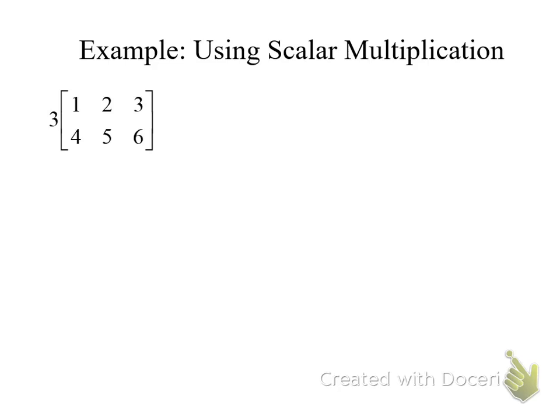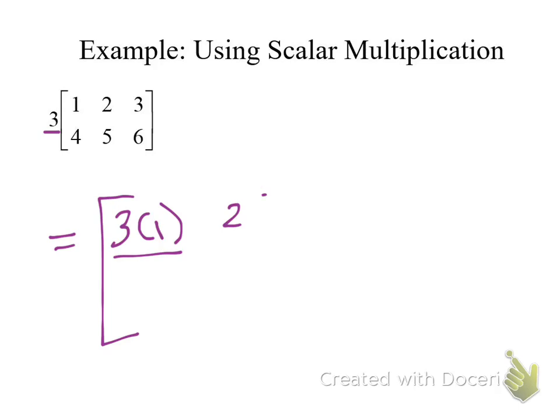So that being adding, we can also do scalar multiplication like we learned with our vectors. Just like with the scalar multiplication that we did with our vectors, I just multiply each and every term by that scalar number on the outside. So I would have 3 times 1 as my first blank, then 3 times 2, and in my last spot, 3 times 3.